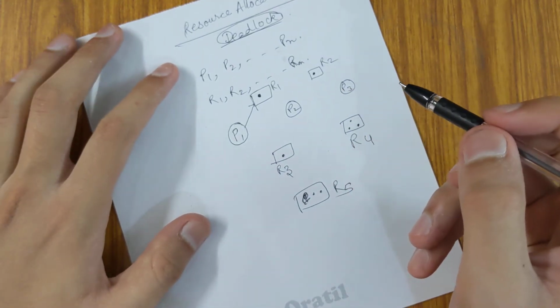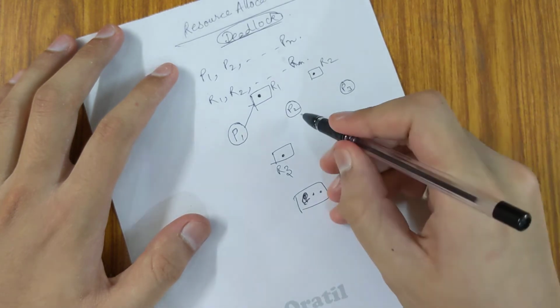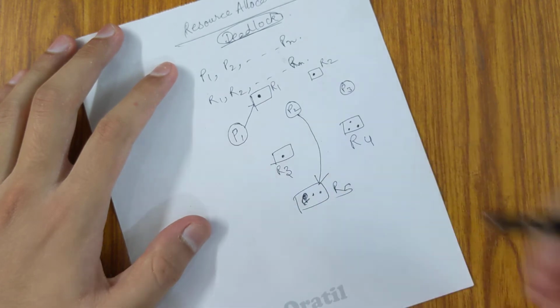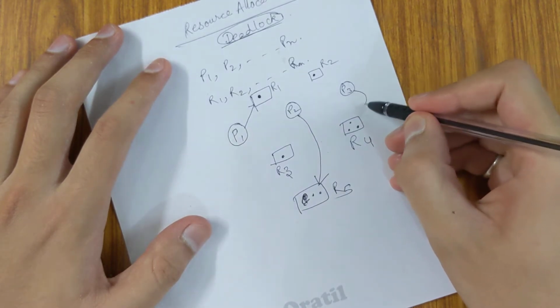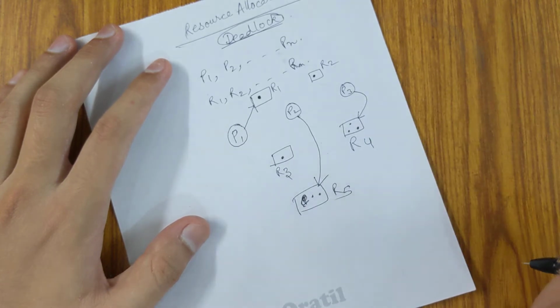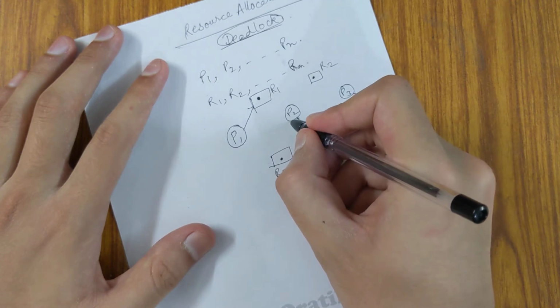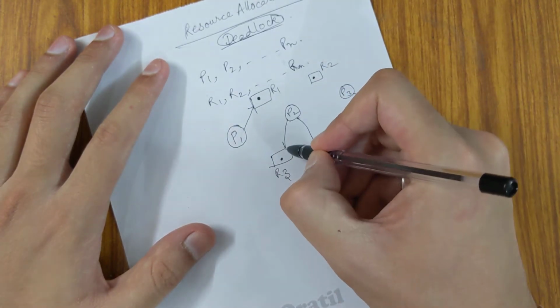And similarly for some other processes, let's say P2 is requesting for R5, then we draw this edge. And let's say P3 is requesting for R4, then we draw this edge. Now let's say P2 is requesting for one more, let's say R3 as well.